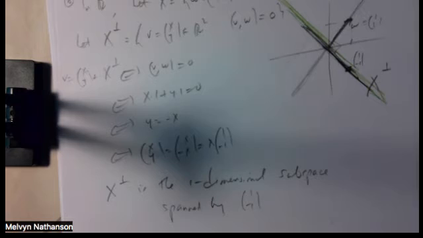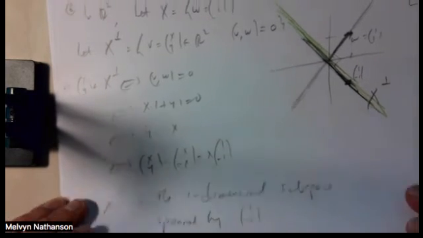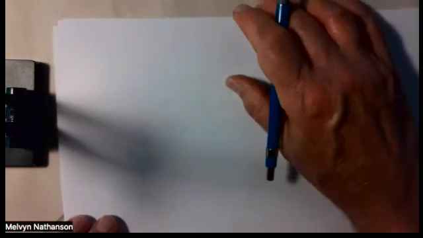Let's talk a little bit more about what you might call the geometry of vectors, in the plane or in 3 space or in any vector space. Again, the picture is always like this.